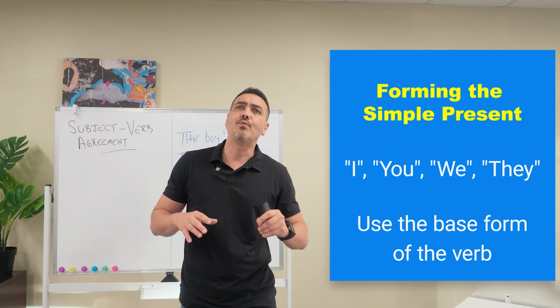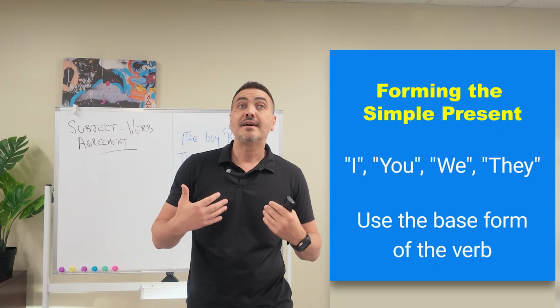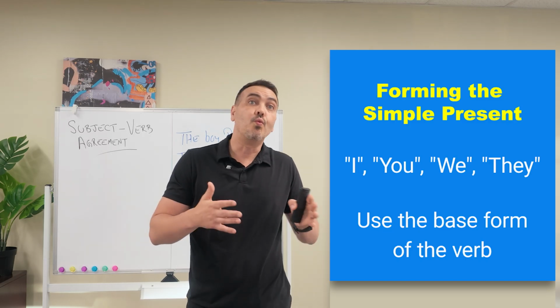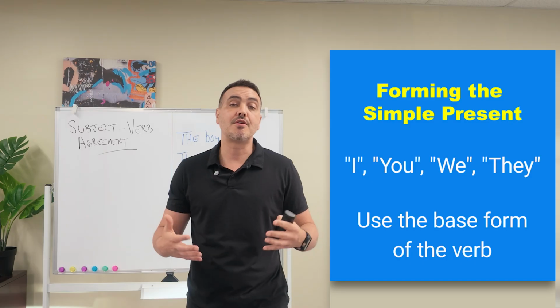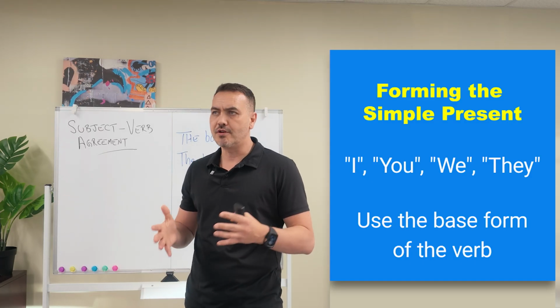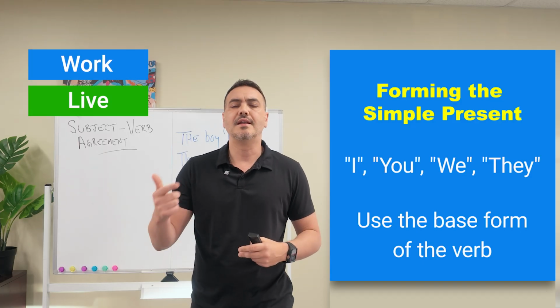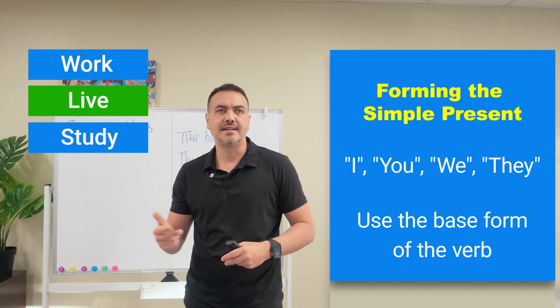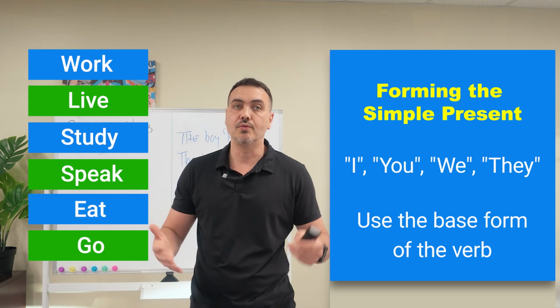Now let's look at how we form the simple present. With I, you, we, and they, we use the base form of the verb. The base form is the simple form of the verb. Work, live, study, speak, eat, go.